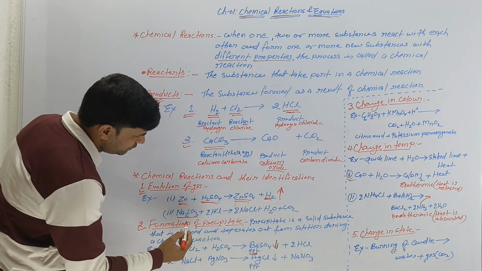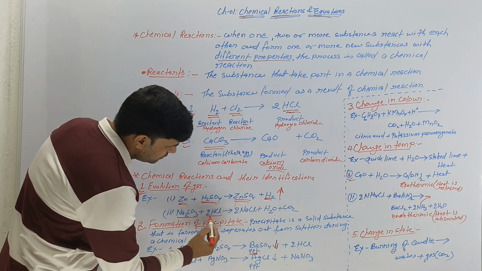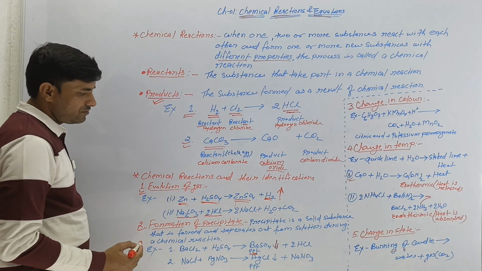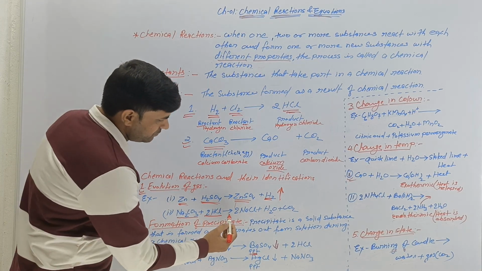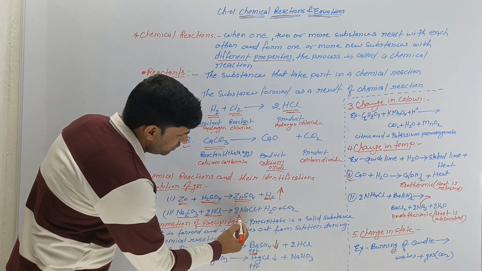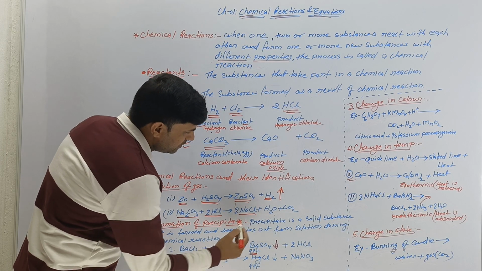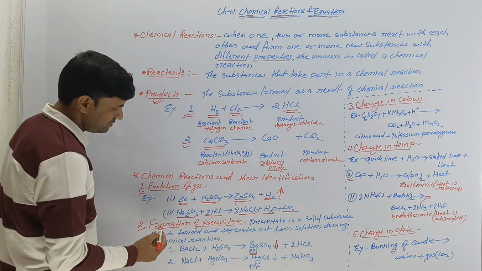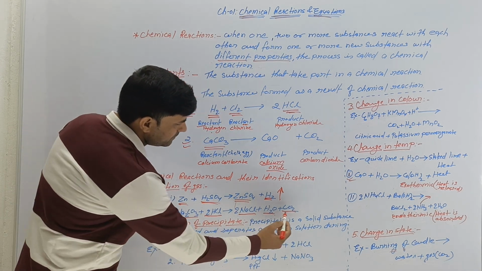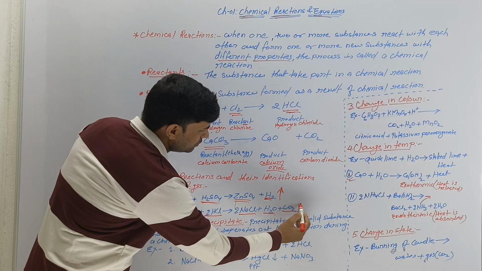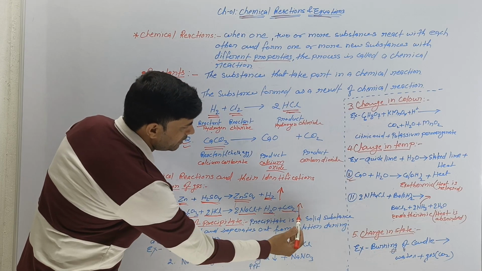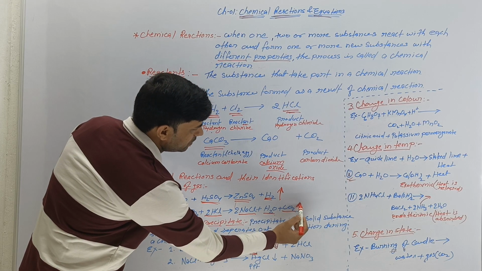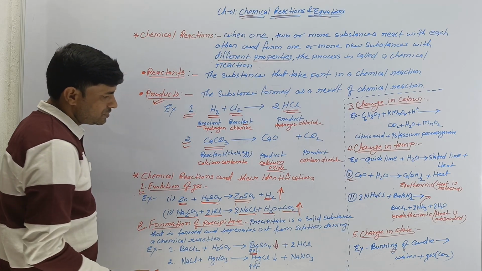When Na2CO3 reacts with two molecules of hydrogen chloride, it will form two molecules of NaCl plus H2O plus CO2. Here CO2 also is a gas and we can denote it with an upward arrow for gaseous molecules.